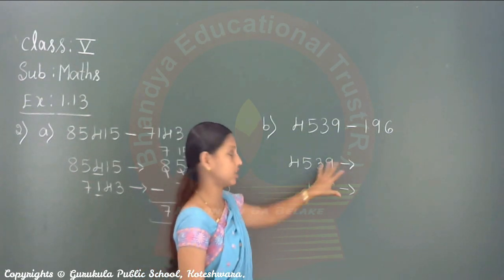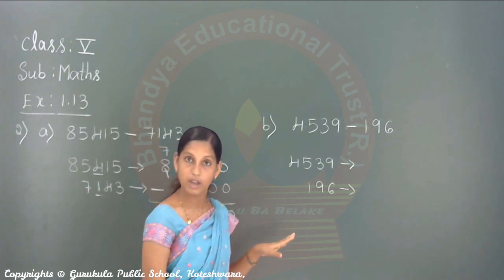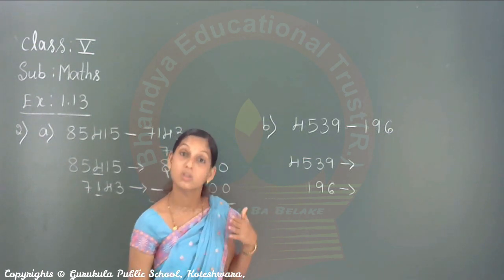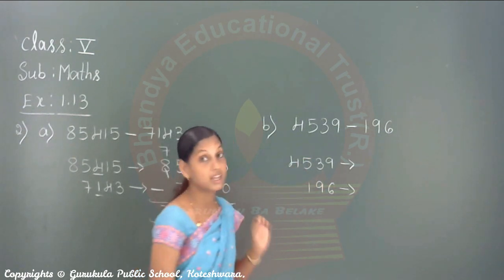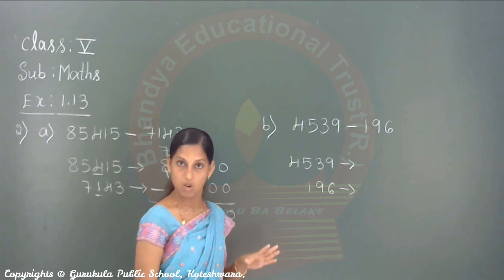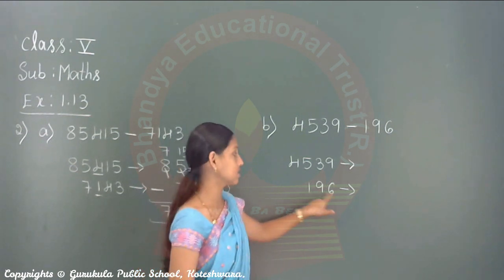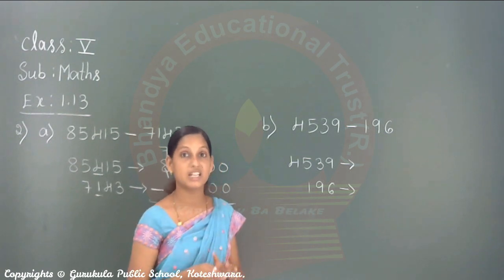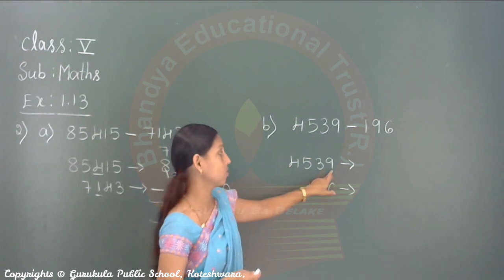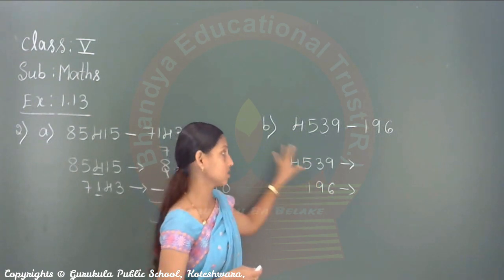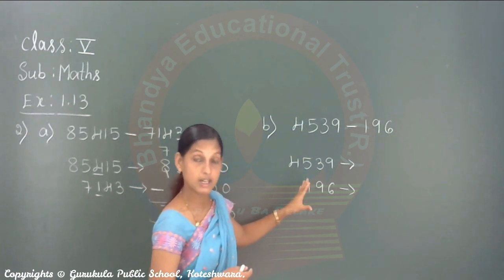In the subtraction, we have to see which is the smallest number, or which number is having the smallest place value. Ones, tens, hundreds place is less compared to this, where the thousands place is there. Ones, tens, hundreds, thousands. So hundreds place is less.